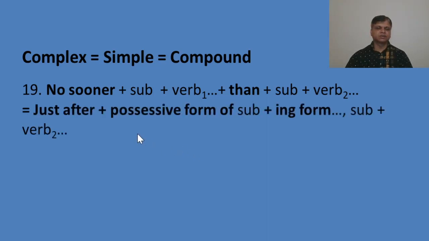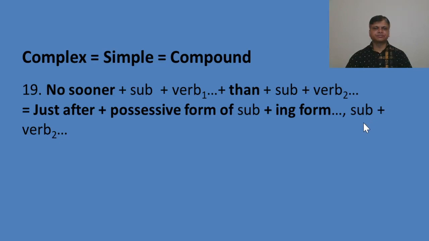If a complex sentence contains no sooner, we have to begin the simple sentence with just after, then use the possessive form of the subject, then the ing form of verb 1, and the rest of the sentence. Then you have to use the second clause, that is the main clause.